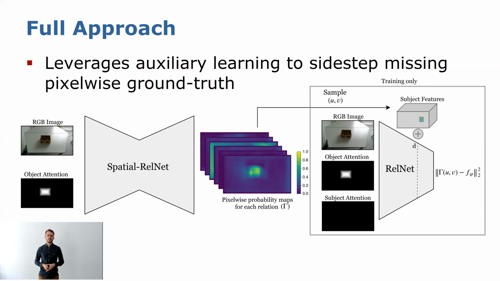During training, we sample object placing locations according to gamma, implant inside the auxiliary network RelNet at the sampled locations high-level features of objects, and then classify the hallucinated scene representation to get a learning signal for the spatial RelNet. At test time, the auxiliary network is not used.